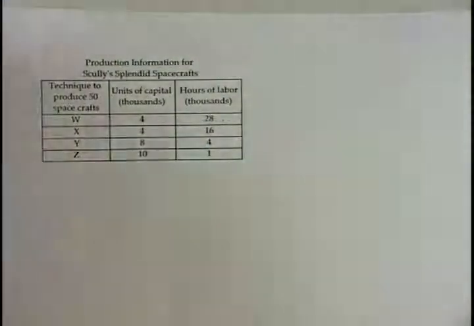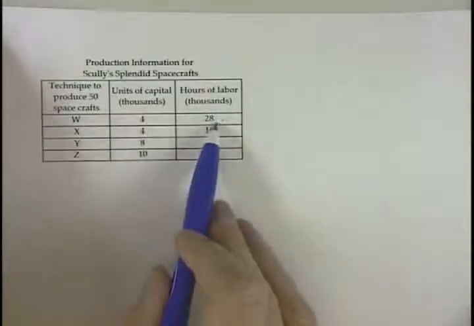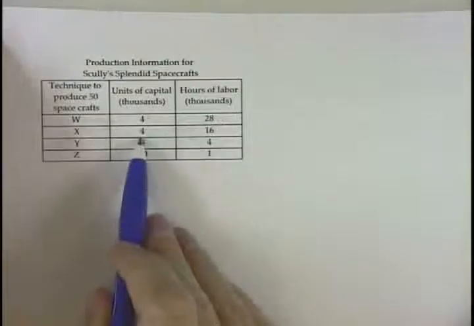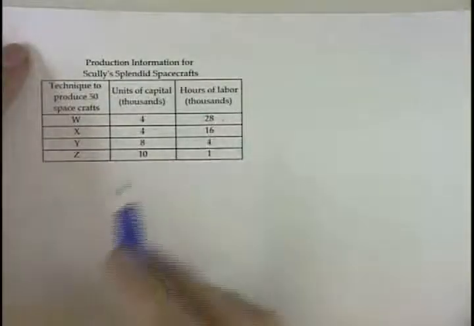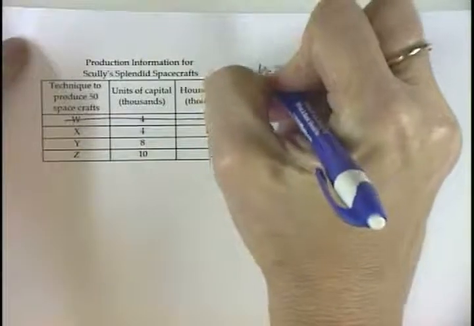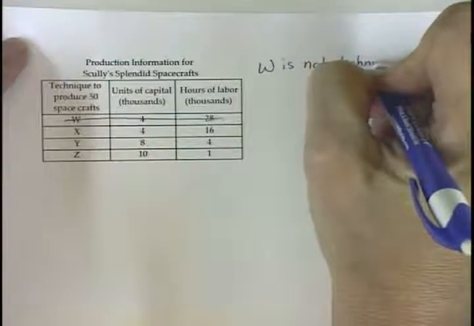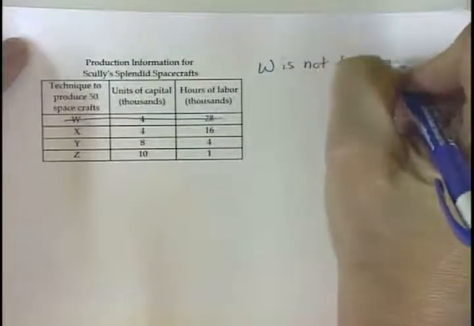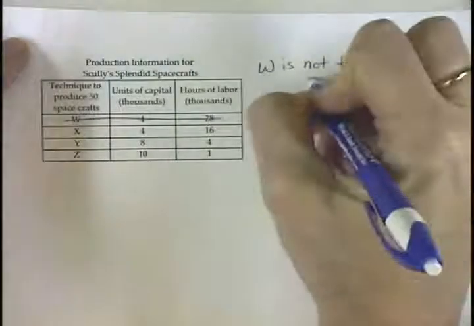That would be a technologically inefficient production, because why would I ever do production with 4 units of capital and 28 hours of labor when I could do the same thing with 4 units of capital but 16 units of labor? So W is not technologically efficient. We would never do production with W.